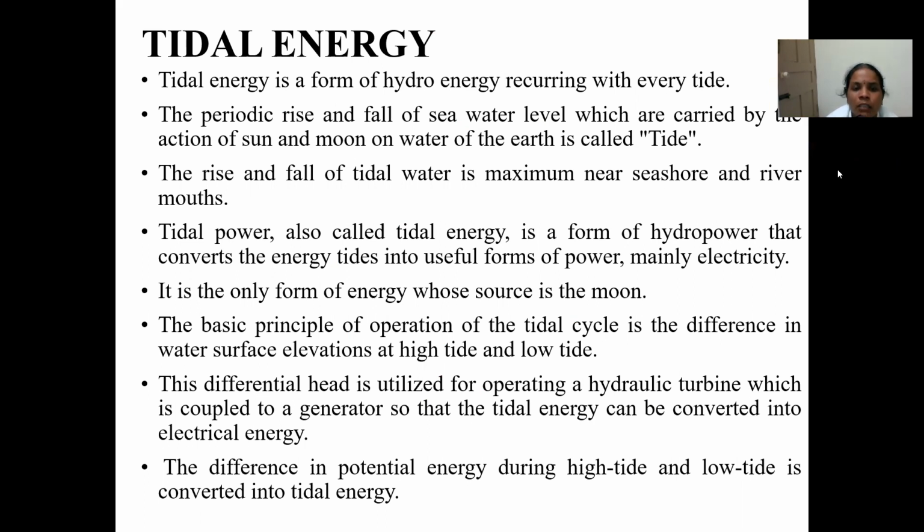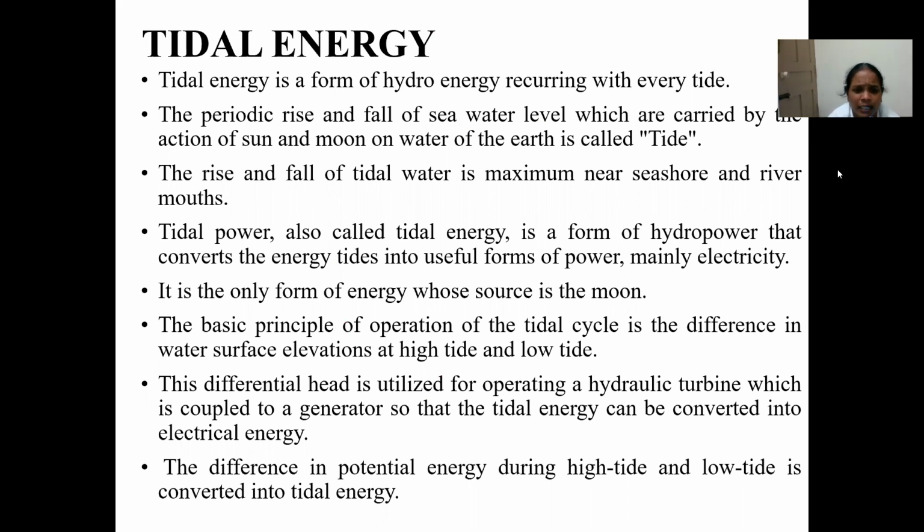Tidal power, also called tidal energy, is a form of hydropower that converts the energy of tides into a useful form of power, mainly electricity. It is the only form of energy whose source is the moon. The basic principle of operation of the tidal cycle is the difference in water surface elevation at high tide and low tide.